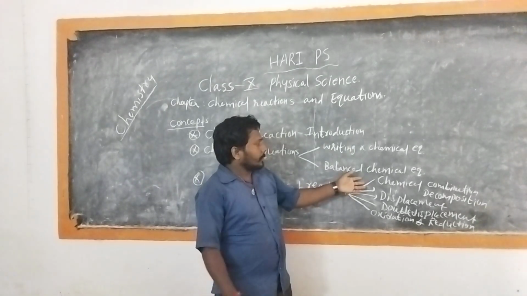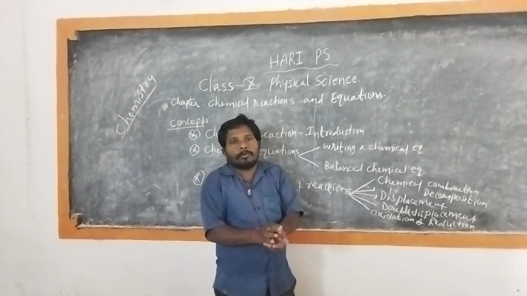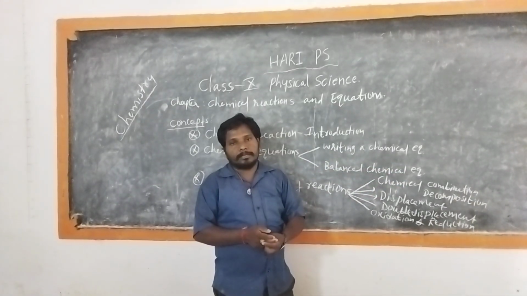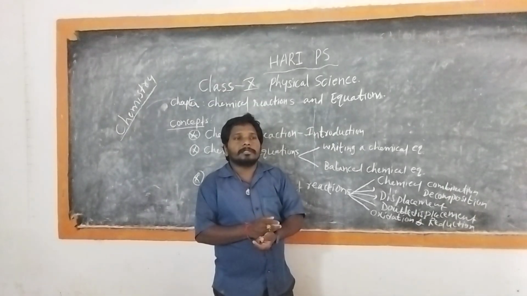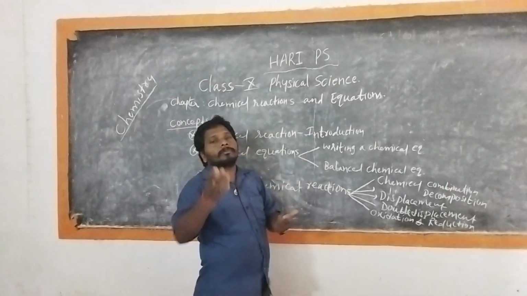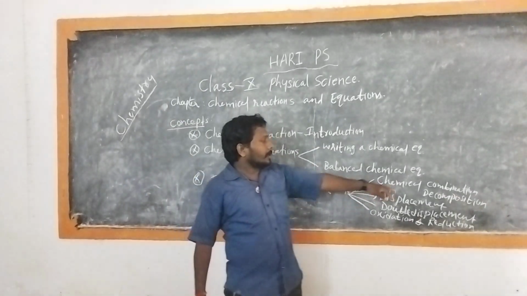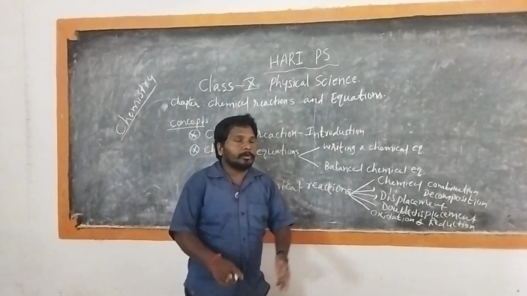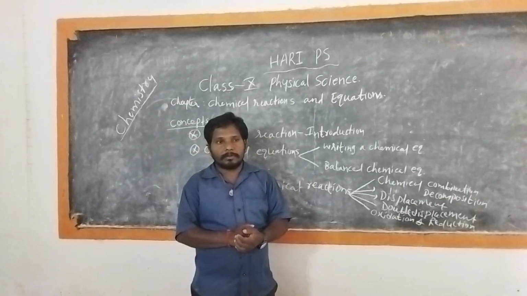For chemical combination, we know that to combine we require at least 2 substances. When the 2 substances are combined, they form a new product. We will discuss some examples. Then chemical decomposition: decomposition is dividing a substance into 2 or more substances.